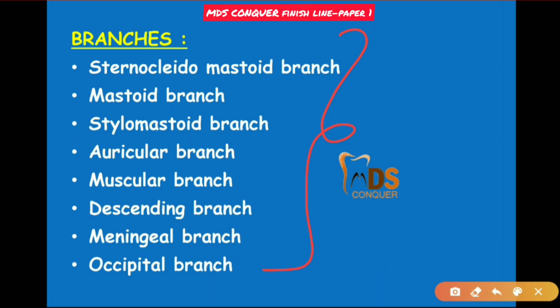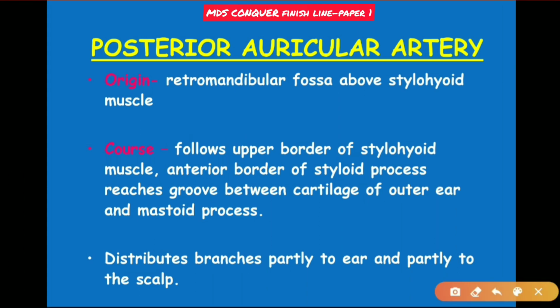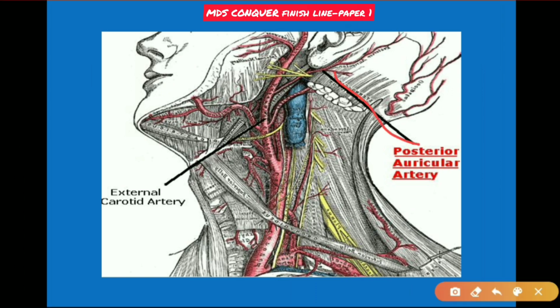Simply you can learn the branches. Then coming to the posterior auricular artery, this originates in the retromandibular fossa above the stylohyoid. Its course is such that it distributes branches partly to the ear and partly to the scalp. So you can see here this posterior auricular artery.